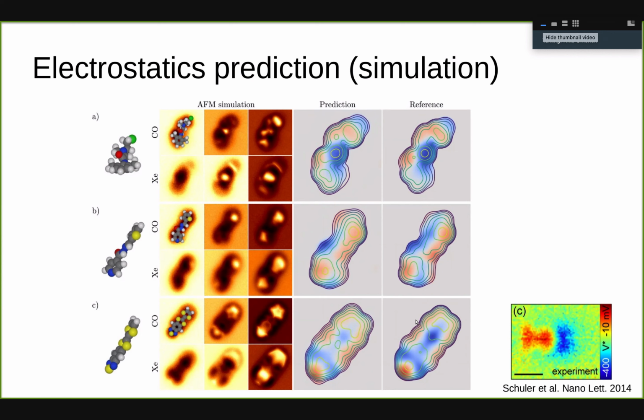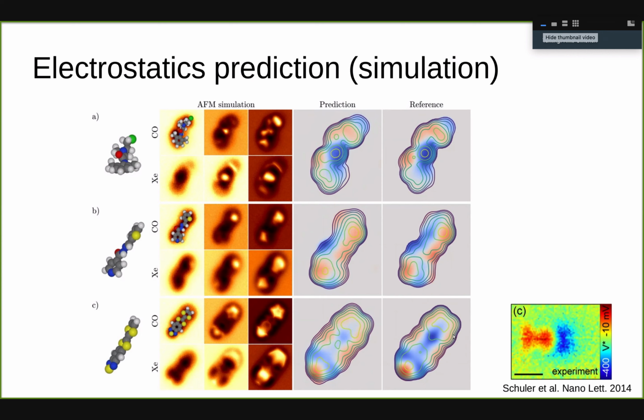The only big difference is that there are these positive regions around the sides of the molecule, which are not present in this one, but in our case, we map the electrostatic field on a 3D contour that goes around the molecule.